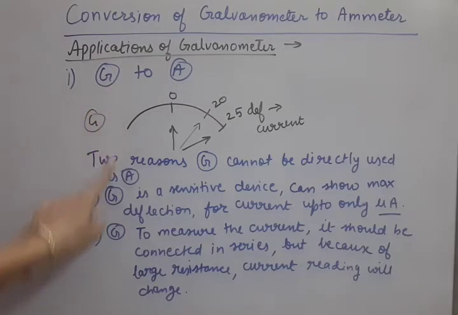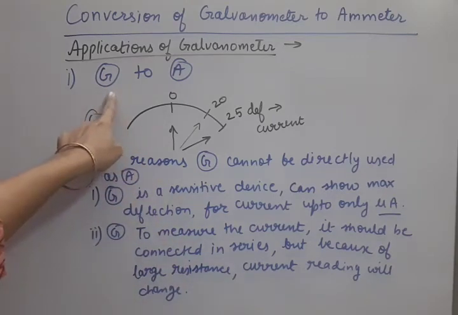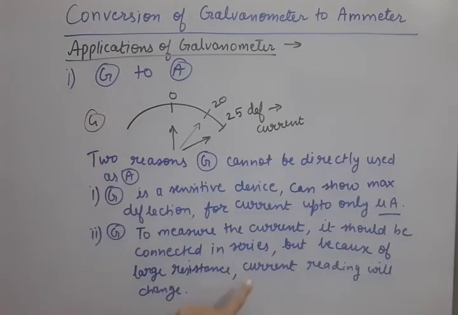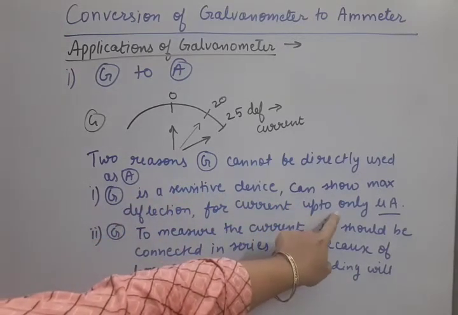Now the second point is that galvanometer's resistance is large, and if we connect the galvanometer to measure the current, it should be connected in series, and because of its large resistance the current reading will change. So here two problems are there with the galvanometer. Firstly, the current restriction.